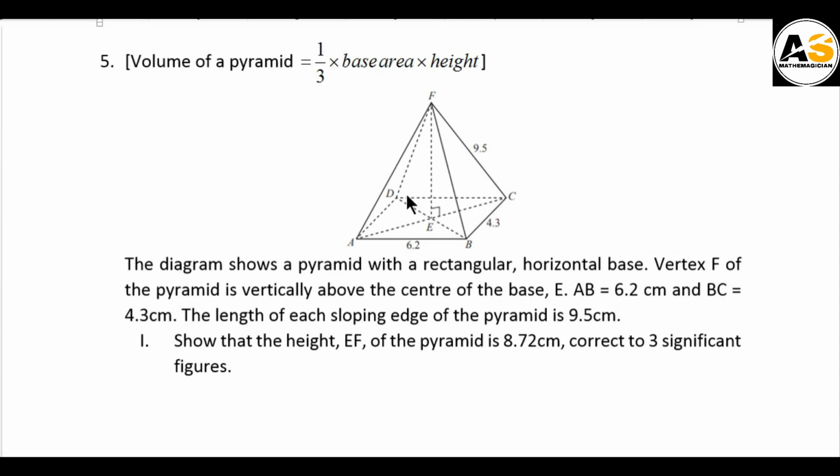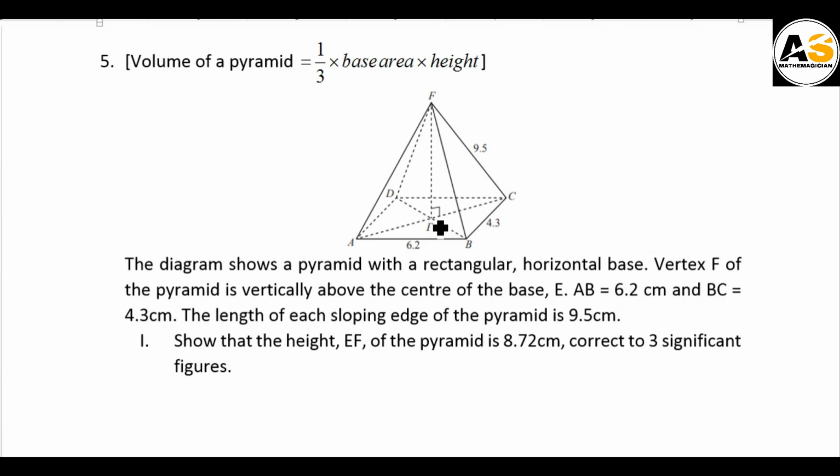We are given a pyramid. The diagram shows a pyramid with a rectangular horizontal base. This is a rectangle, length 6.2 and width 4.3, and vertex F is vertically above the center of the base.